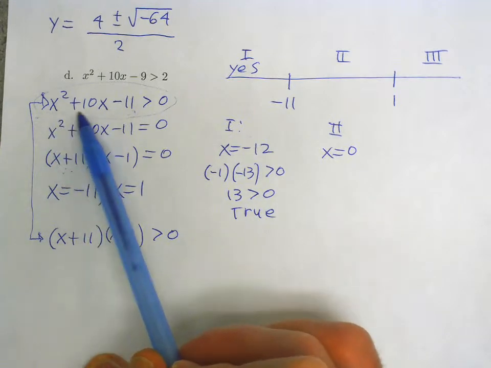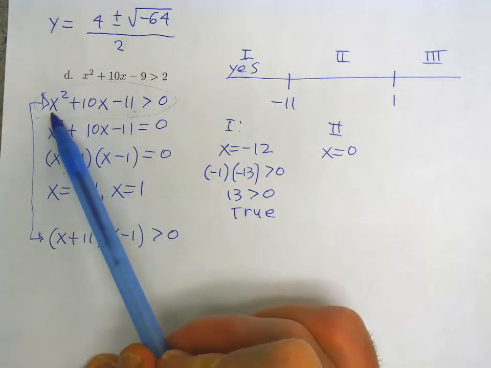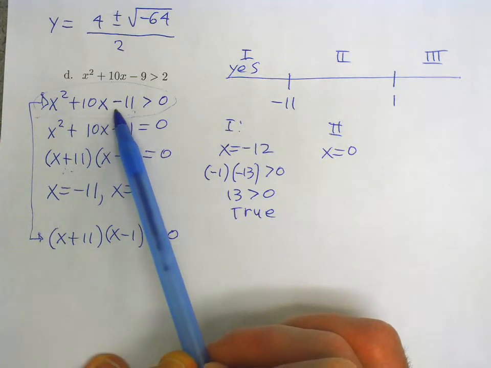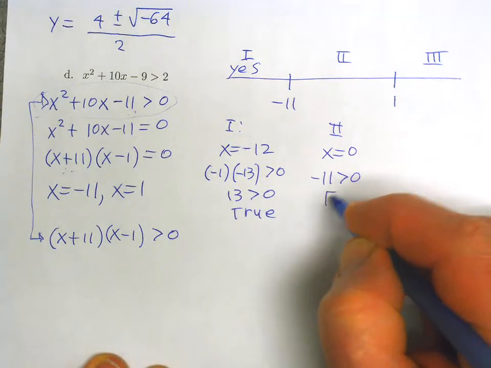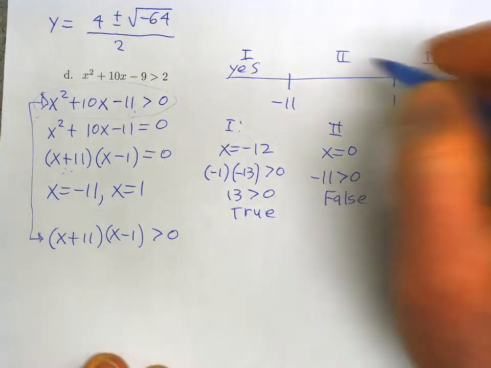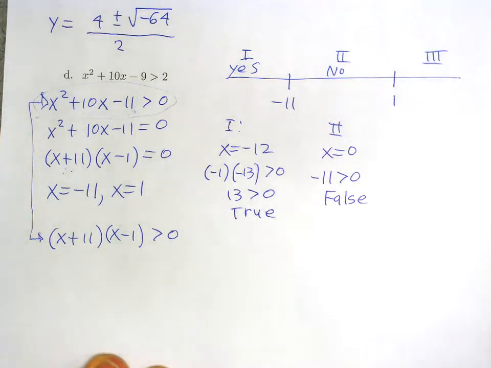So if I use this inequality, replace every x with 0, I get negative 11 is greater than 0. That's false. So none of the numbers from negative 11 to 1 are solutions.